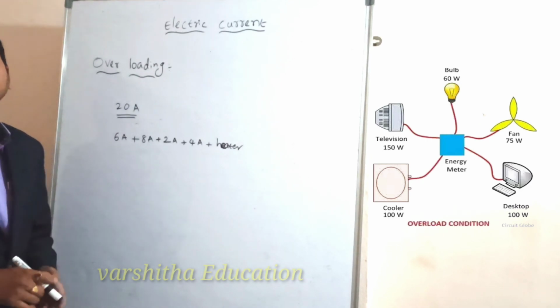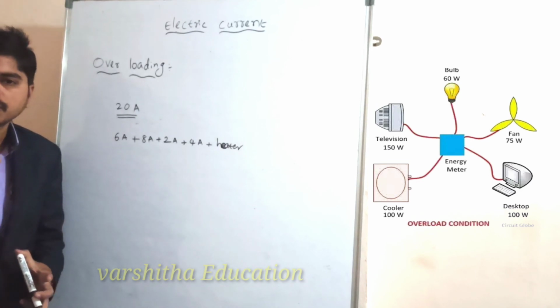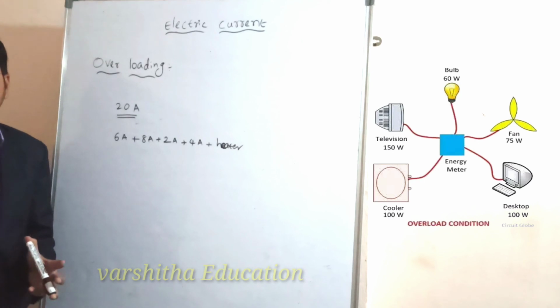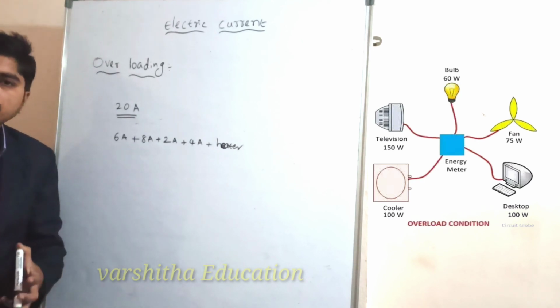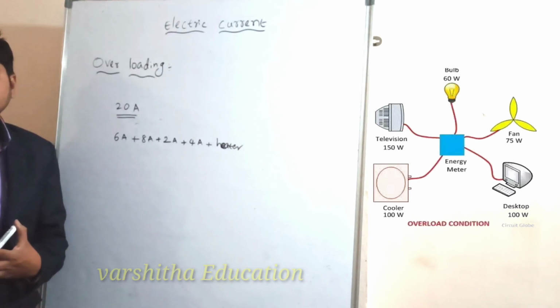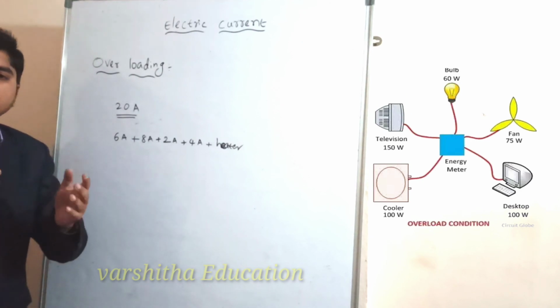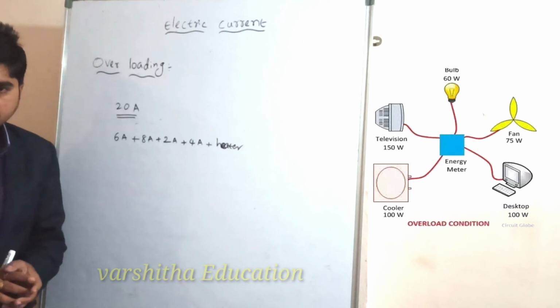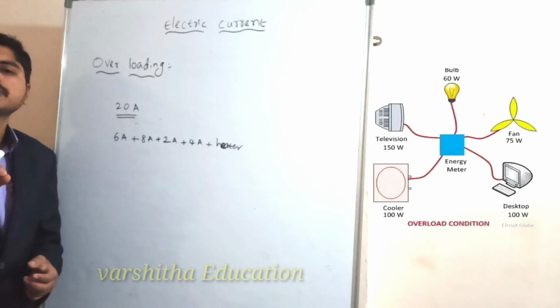To prevent overloading, we use the fuse. The fuse is very important to protect our electric appliances from overloading. What is the fuse mechanism? The fuse contains a thin wire with a low melting point.